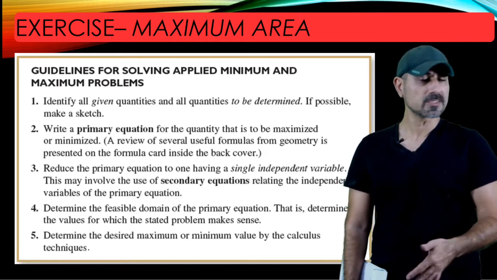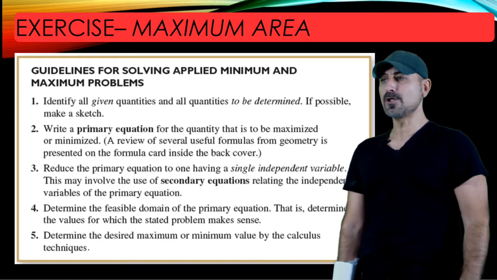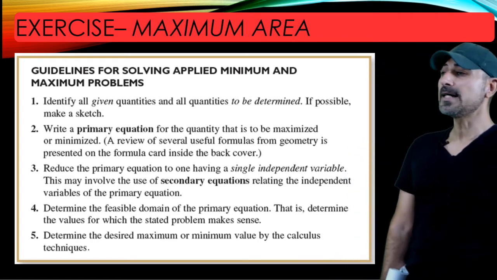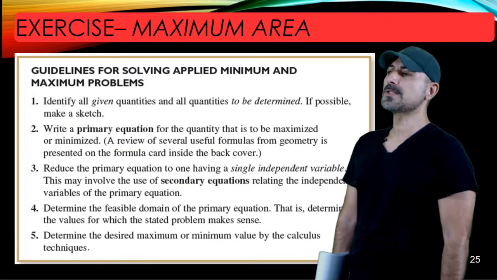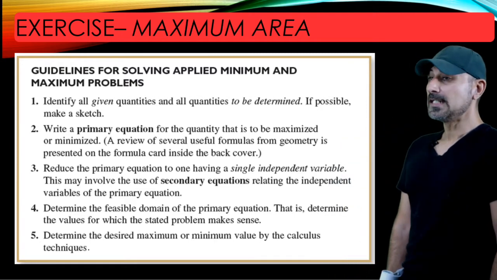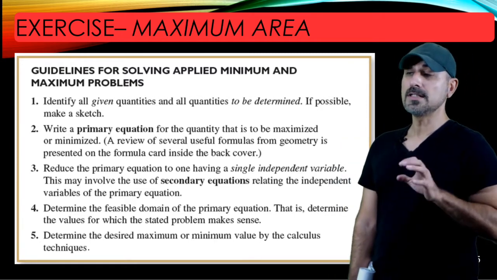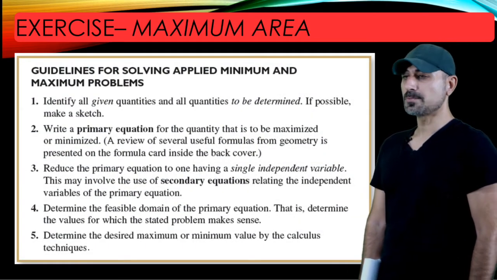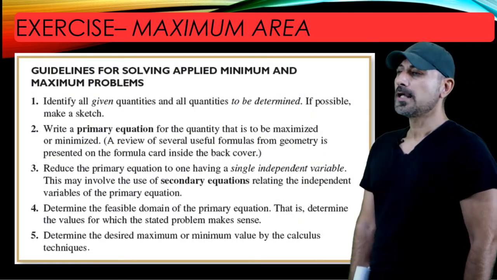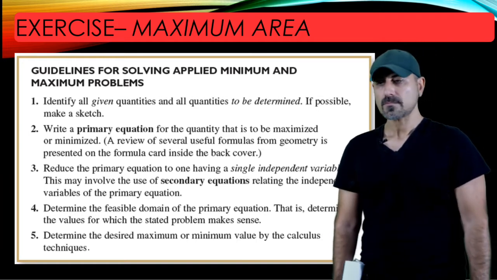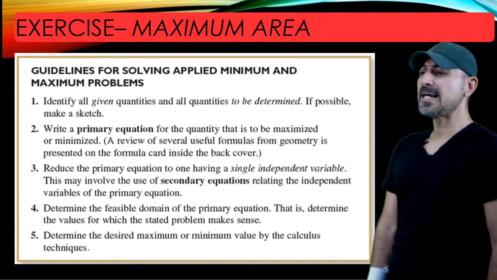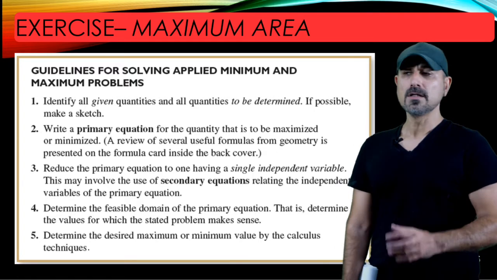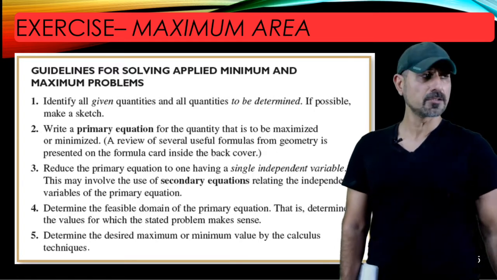For our problem, it's going to be the total area of the Norman window. Next, we're going to reduce the primary equation to an equation having only one independent variable. Then we're going to determine the feasible domain of the primary equation. And finally, we're going to find the maximum value of the single-variable function.